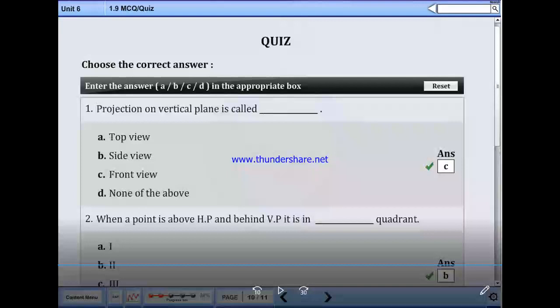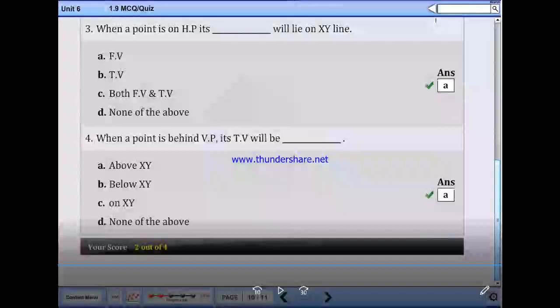Projection on vertical plane is called top view, side view, front view, none of the above. Answer is C. Projection on vertical plane is called front view. When a point is above HP and behind VP, it is in the second quadrant. Now when a point is on HP, its dash will lie on XY line.